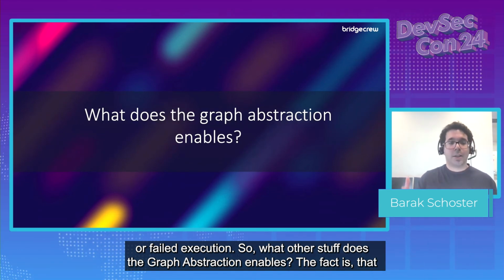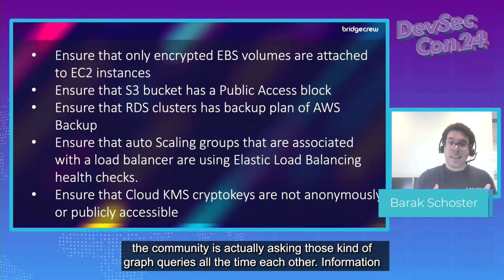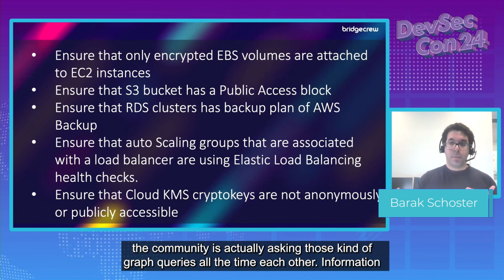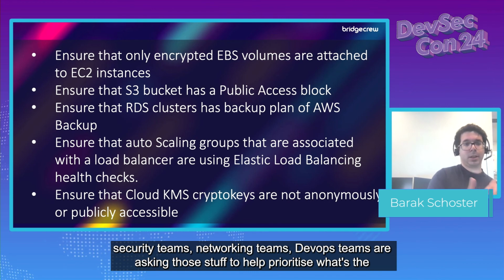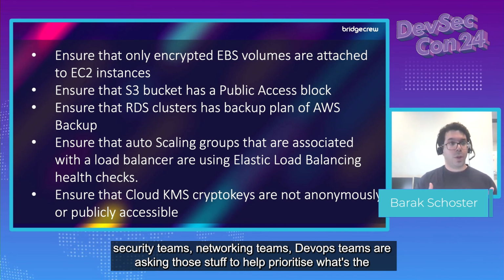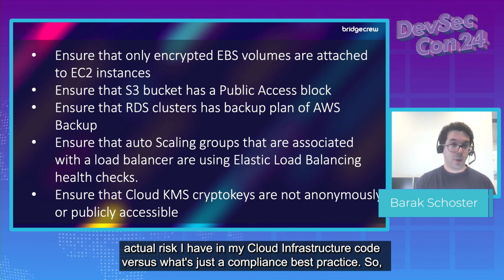So what other stuff does the graph abstraction enable? The fact is that the community is actually asking those kinds of graph queries all the time. Information security teams, networking teams, DevOps teams are asking those questions to help prioritize what's the actual risk I have in my cloud infrastructure code versus what's just a compliance best practice.